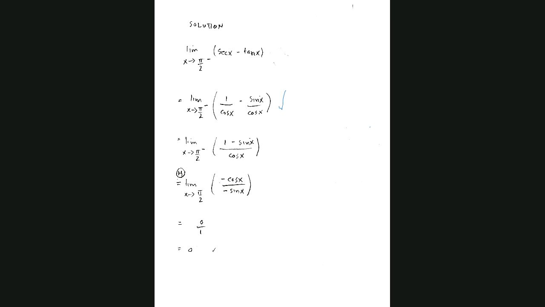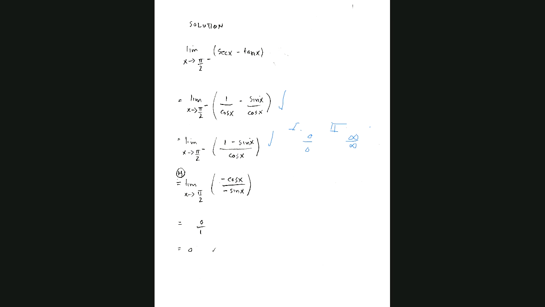Now at this stage, when we have the limit as x approaches pi over 2 from the left of 1 minus sine of x over the cosine of x, which indeterminate form do we have? Do we have 0 over 0, or infinity over infinity?